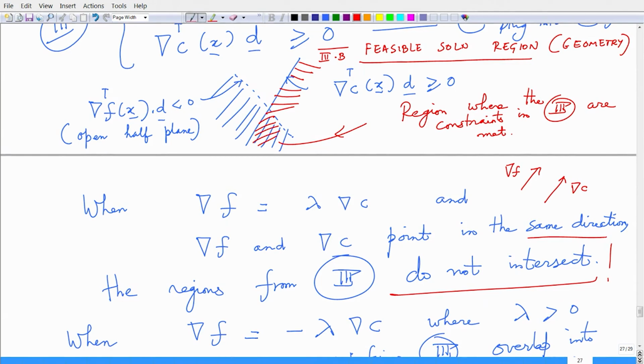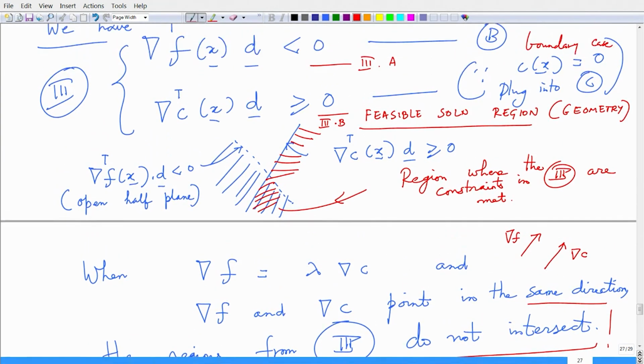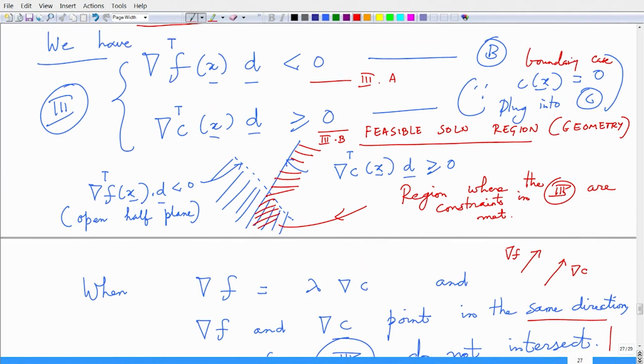If I look at these inequalities in 3, I have del f dot d is less than 0, then I have del c dot d is greater than or equal to 0, and this del c can be written as 1 over lambda del f.